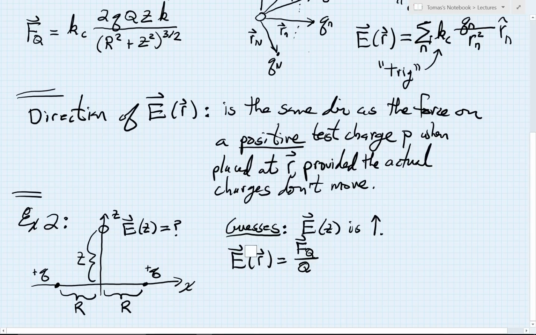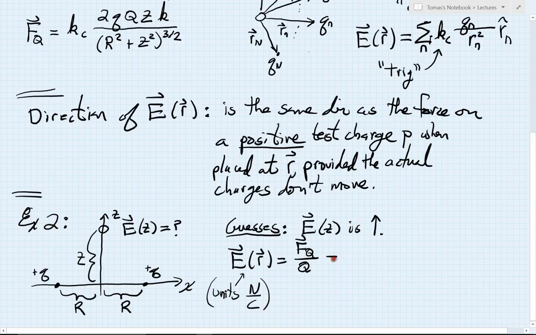The electric field always comes in units of force, measured in newtons, divided by charge, measured in coulombs. So the electric field should have units of newtons per coulomb, our natural units for the electric field. We'll learn some other units for it later, but right now let's stick to newtons per coulomb.